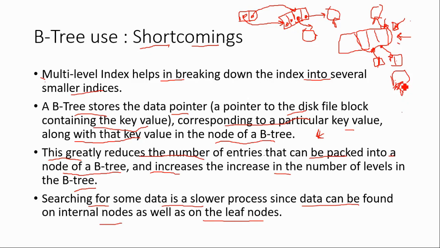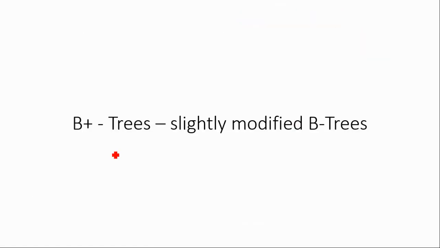We have to access through the height of that, so that takes more time. Though, can we reduce the time of access there? The answer is yes, and the answer is B+ tree.